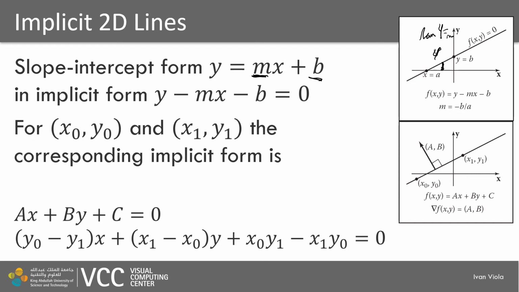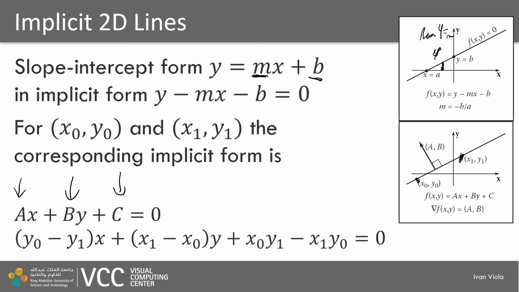If we have 2 points defining a line, such as point 0 and 1, defined by the coordinates x0, y0, and x1, y1, then we can construct an implicit form of such a function with the terms a, b, and c.